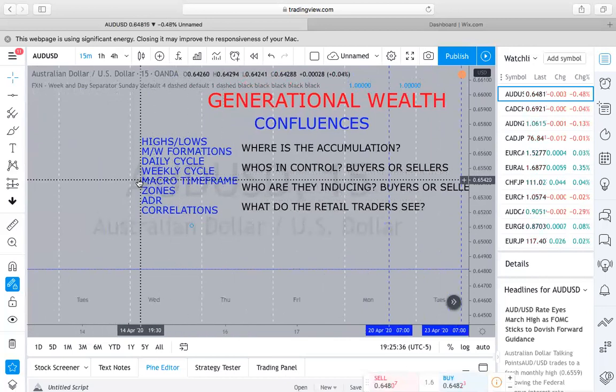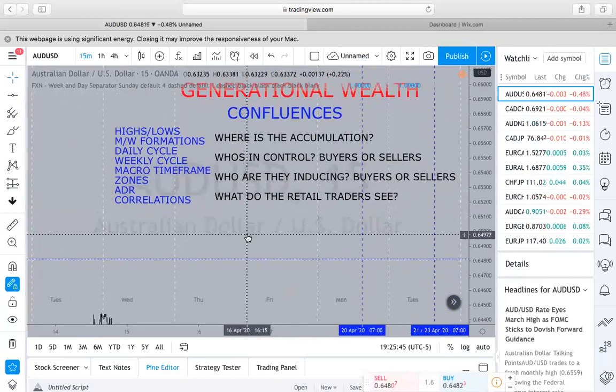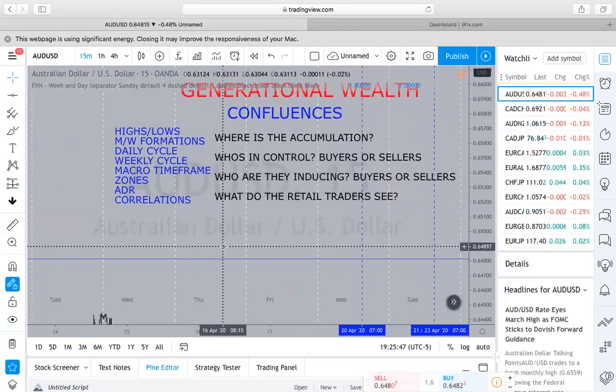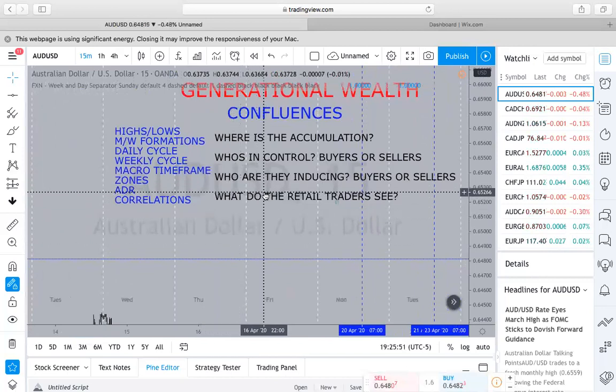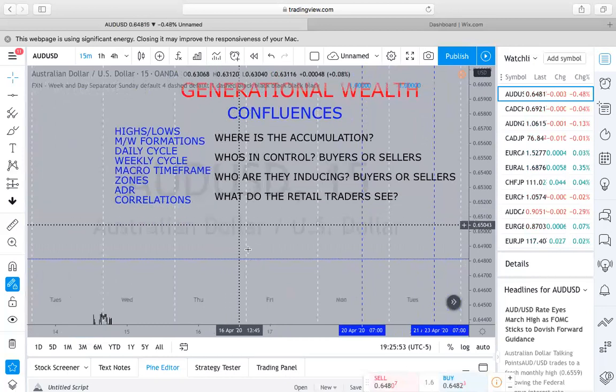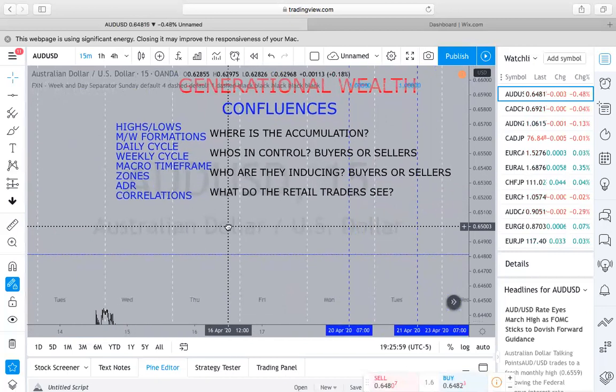We're not going to be able to get in on this weekly cycle structure without identifying the macro time frame. We need to know the overall move, who's in control of this market, as well as identifying your zones.